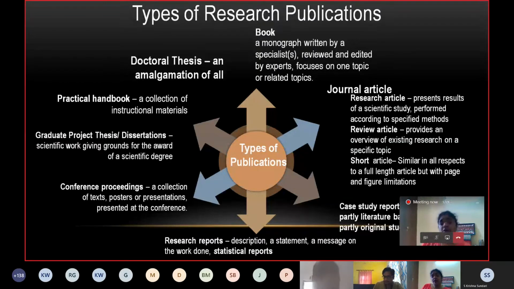And also you need to compare your results with already published literature, and then present your findings. So all of this is contained in a full-length research article.